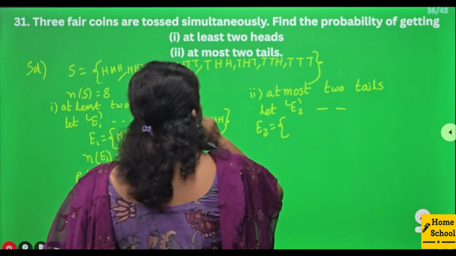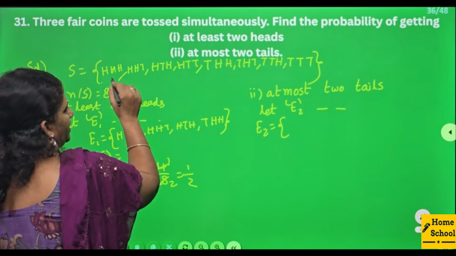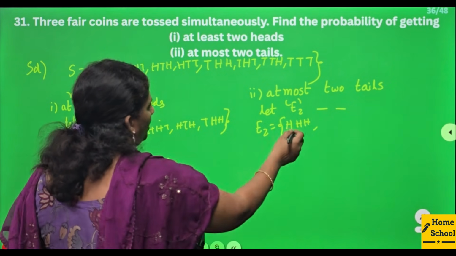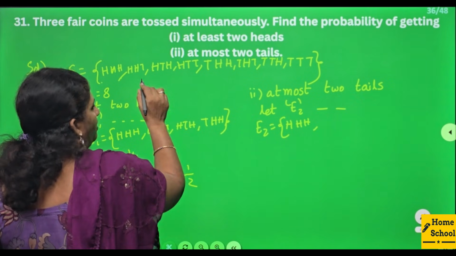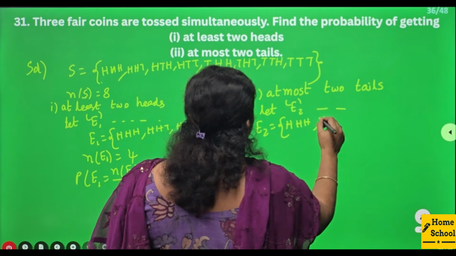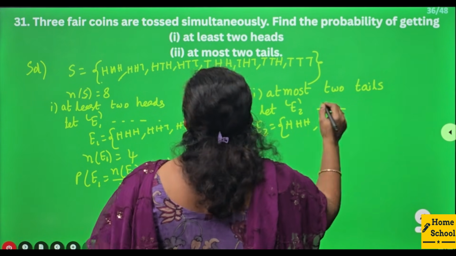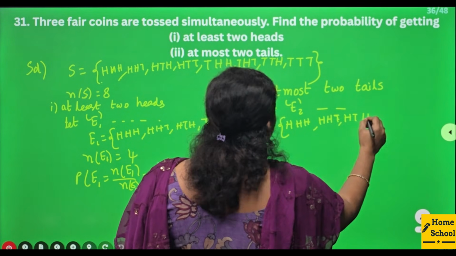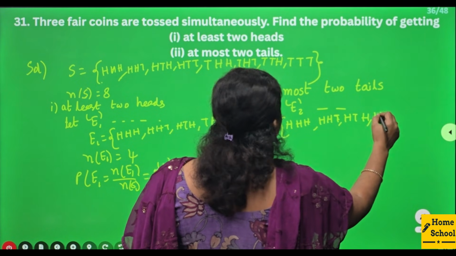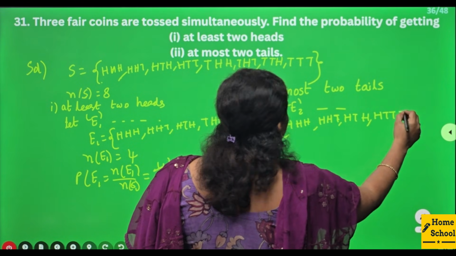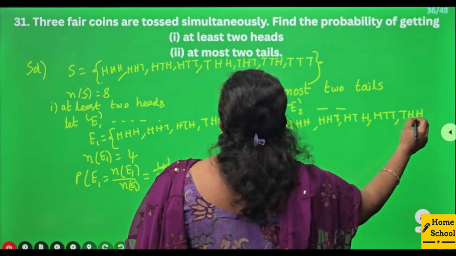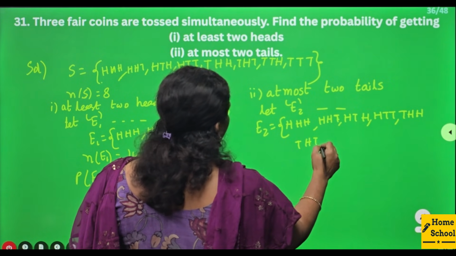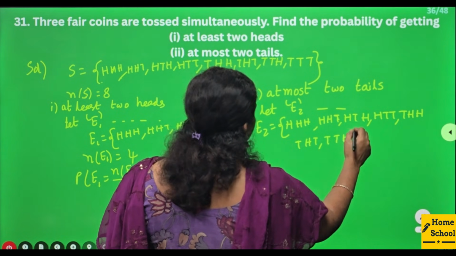So observe, where is it? At most 2 tails. Here no tail. Let us take this one. Here there is no tail, right? Here 1 tail. You need to take this. Head, head, T. Here also 1 tail. Head, T, head. 2 tails. Next one. Head, tail, tail. 1 tail, T, H, H, comma, T, H, T, comma, T, T, H. That's it.